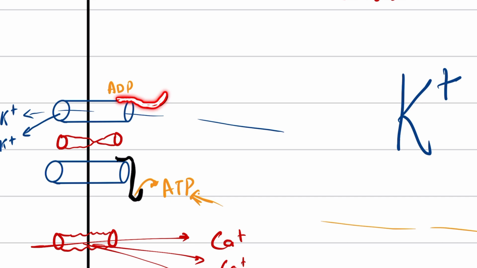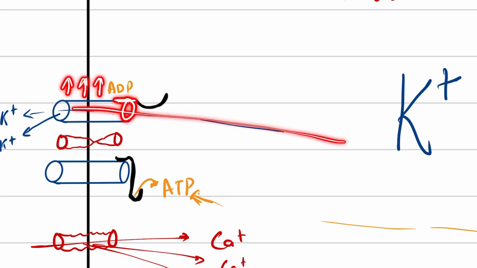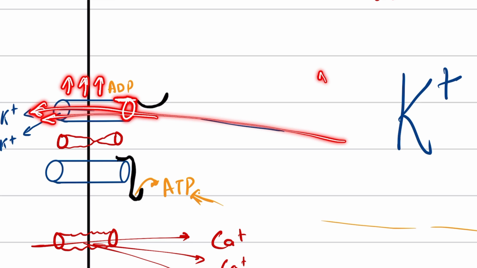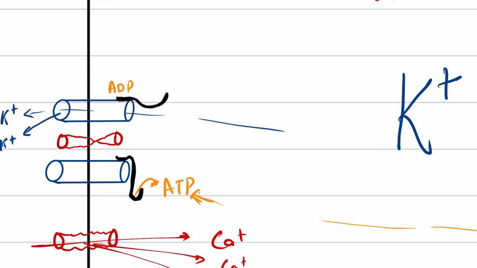This flap has two positions, one where ADP can sit and a second where ATP can sit. Let's suppose first ADP was high in this cell. ADP sits here and keeps this channel open and potassium can go out of the cell, as potassium is high inside the cell and less outside the cell. So potassium goes from high concentration to low concentration.